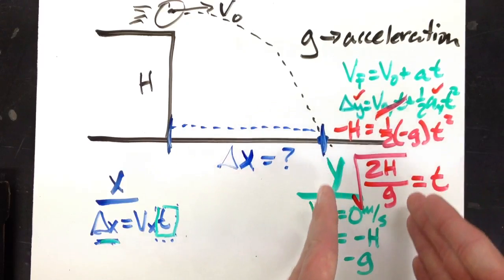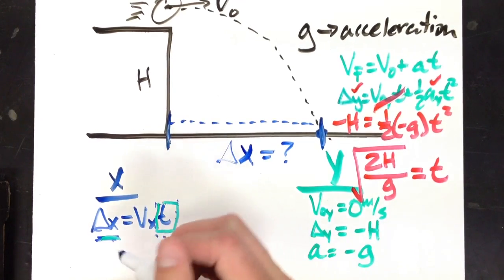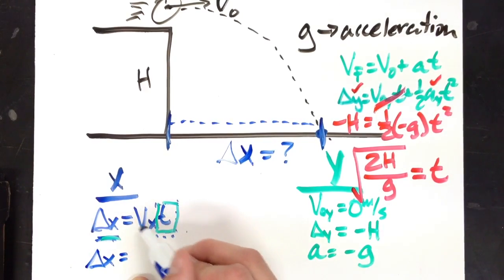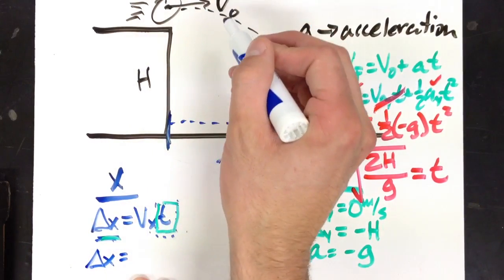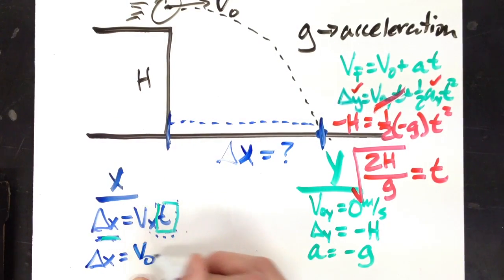I can take this and I can plug it in for t over here. So doing that, I get delta x being equal to Vx, which is v naught. The speed that I left is my x velocity. So v naught times the square root of 2h over g.